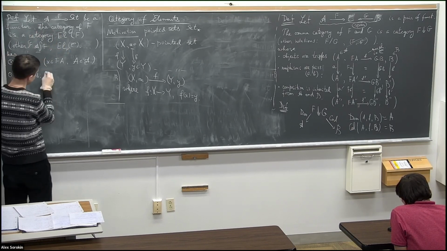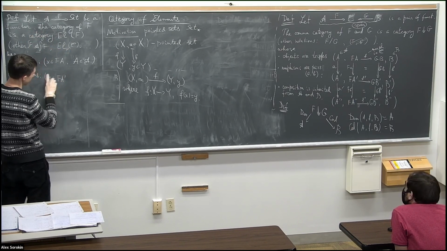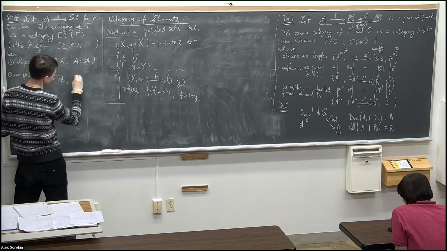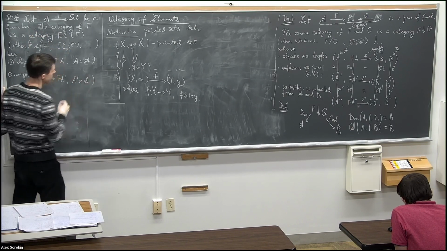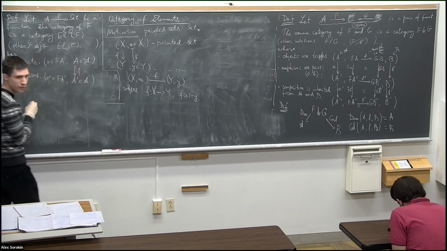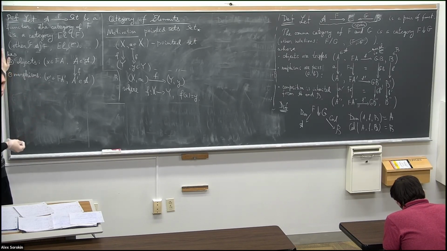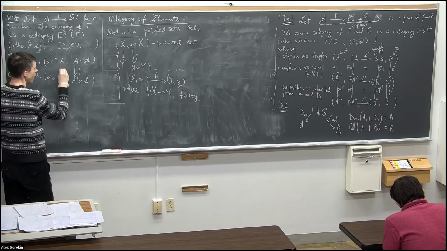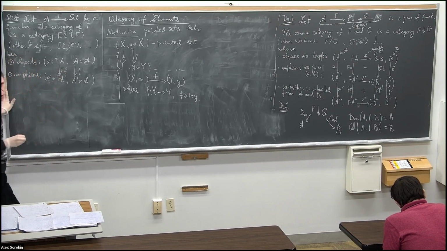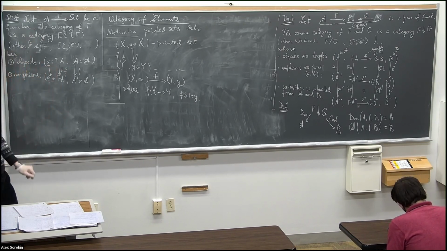Morphisms. Here, y belongs to F. Right. Not y, x prime. Right. And morphisms are given by one morphism f in category A, such that the image of this morphism under your functor brings your distinguished point x to distinguished point x prime.